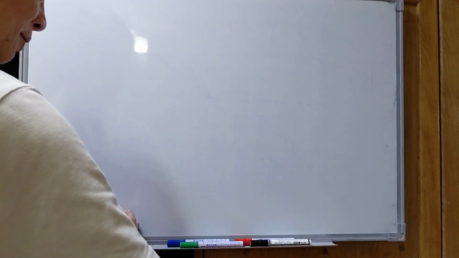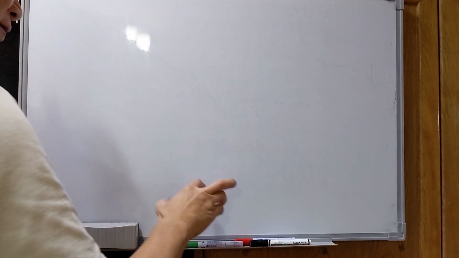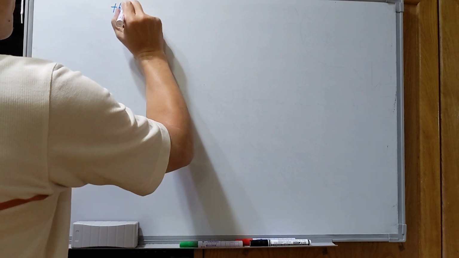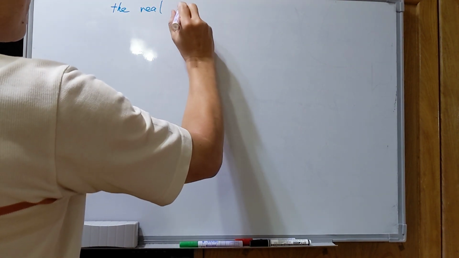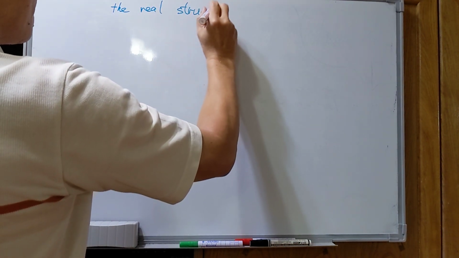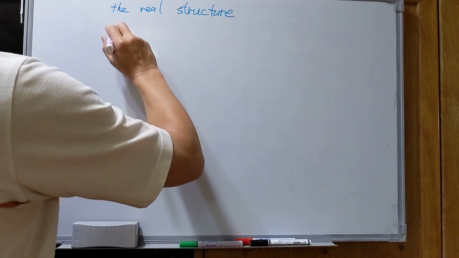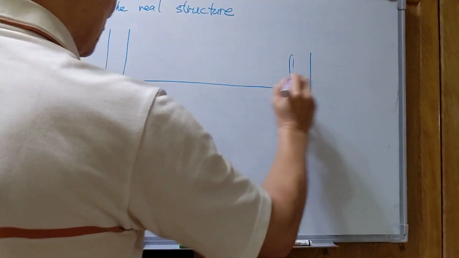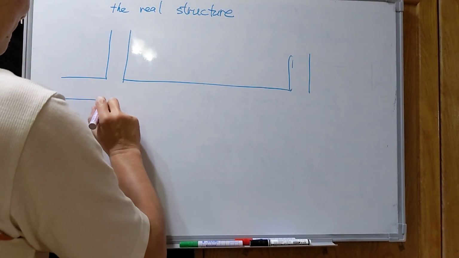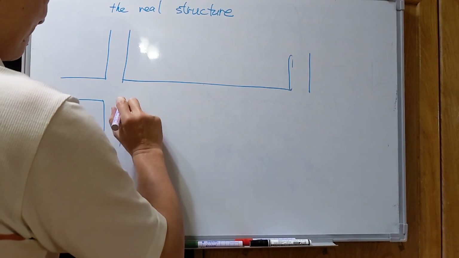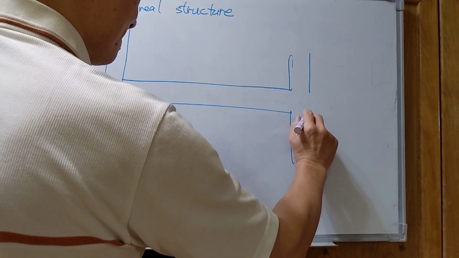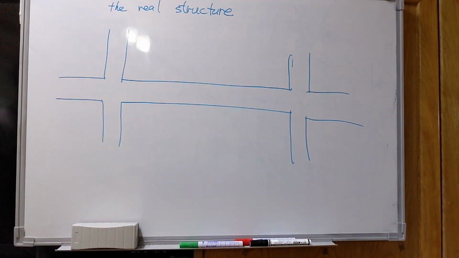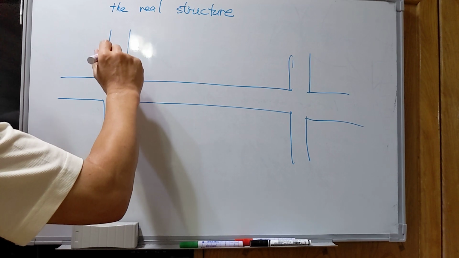But let's check the real structure. Actually, we have the dimensions of the element. So again, not only the center line.